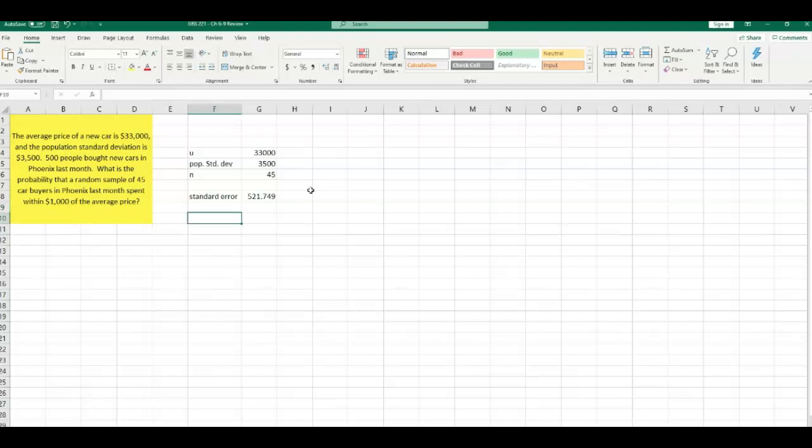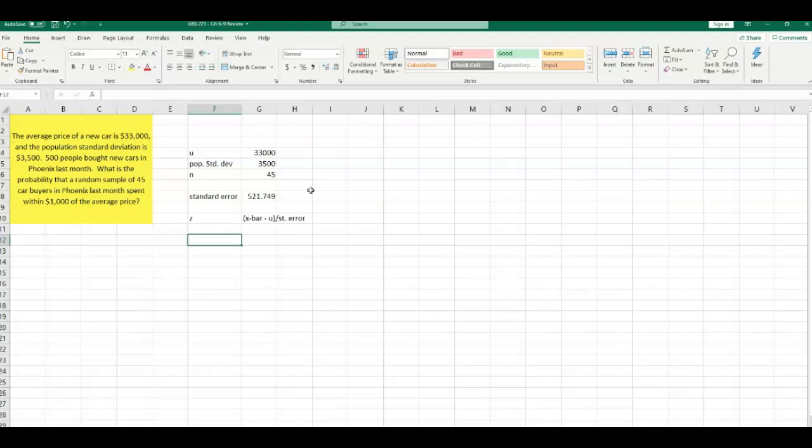Because our z-score formula now is going to be x bar minus your mean, all divided by your standard error. So it's a little bit different when we're working on a sampling distribution, but it's the same ideas as we're going through this.